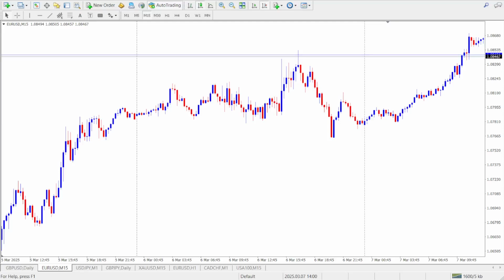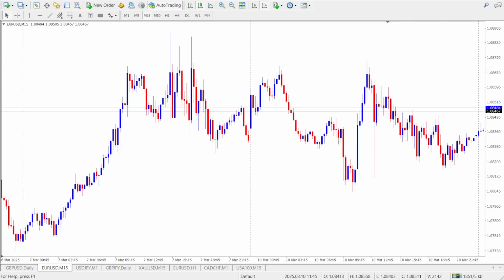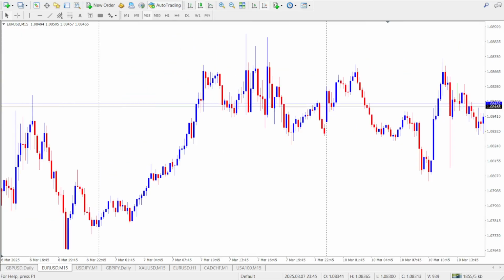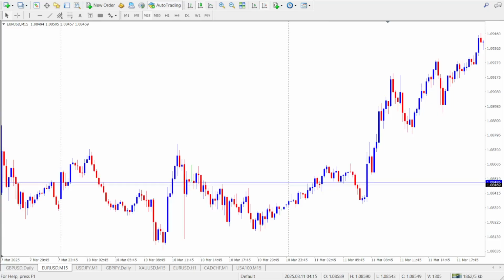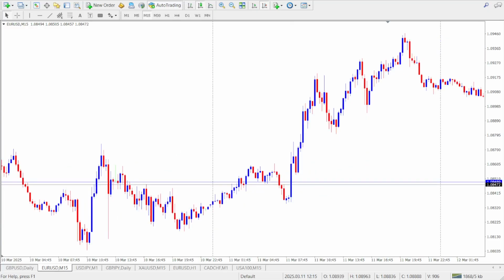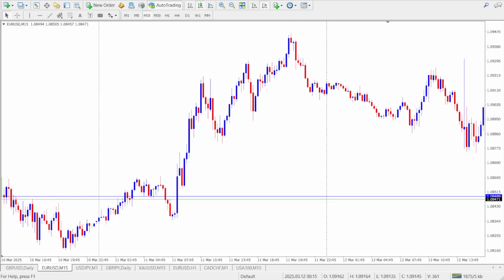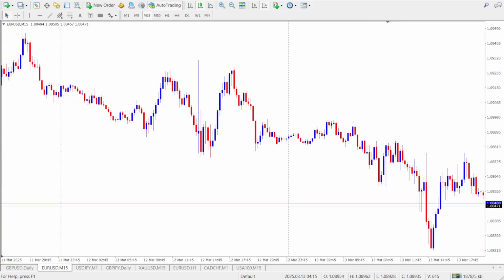Have you ever looked at a price chart and noticed sudden sharp moves with little to no pullbacks? Well, those are imbalances and they hold the key to understanding how smart money moves in the market.